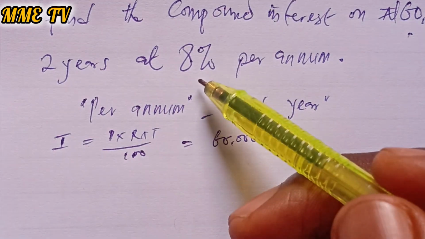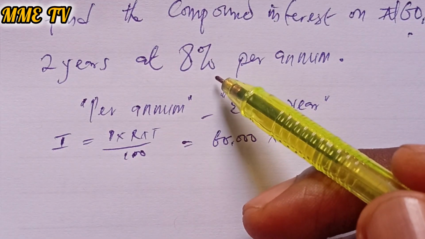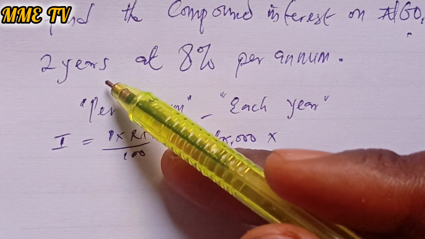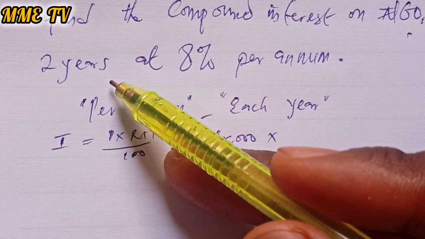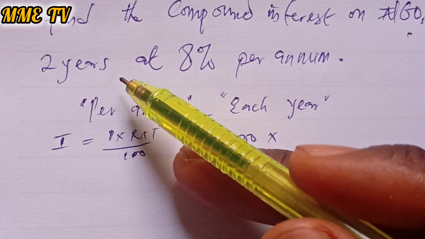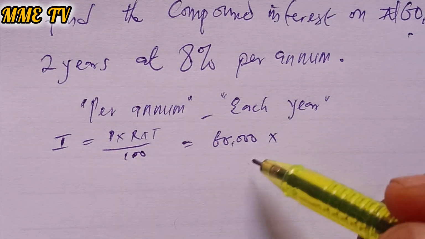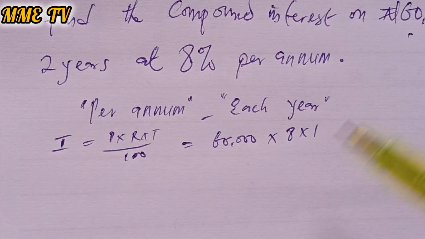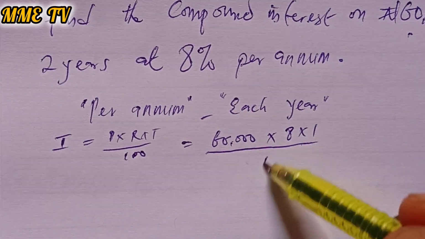We remember that rate is measured in percent per annum, but time is measured based on the number of years or per second or per minute, or maybe hourly. Now, 60 times 8 multiplied by 1 all over 100.